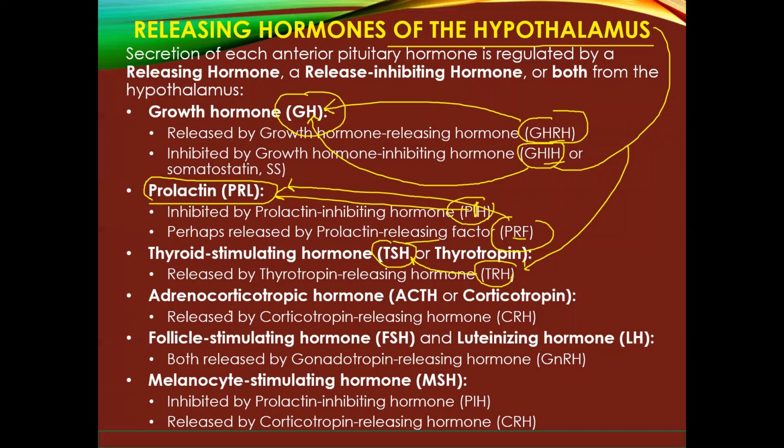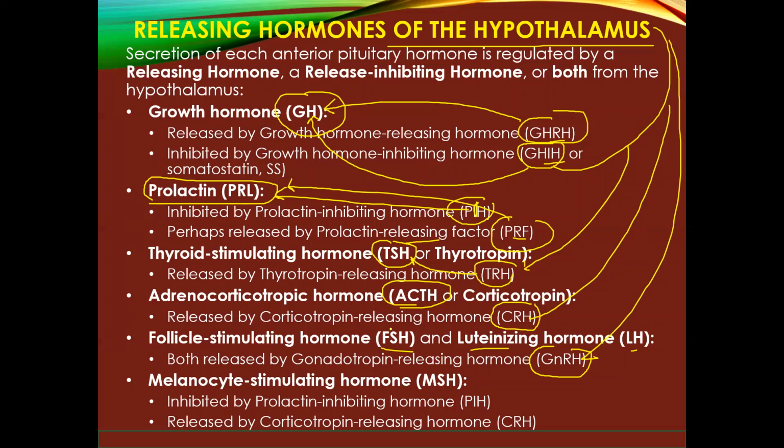The Adrenocorticotropic Hormone, ACTH, the production is controlled by CRH, corticotropin releasing hormone, produced by the hypothalamus. The FSH, follicle stimulating hormone, and LH, luteinizing hormone, both of these hormones are controlled by gonadotropin releasing hormone that is produced by the hypothalamus.